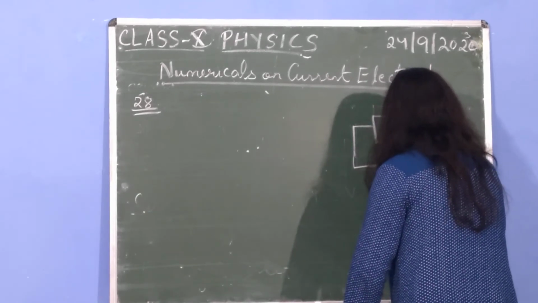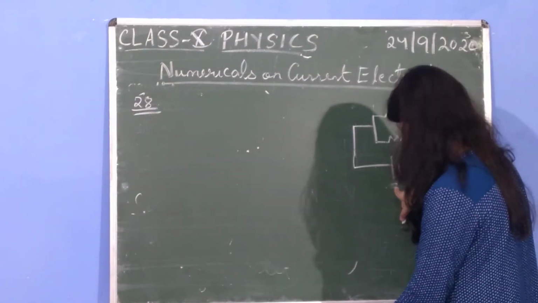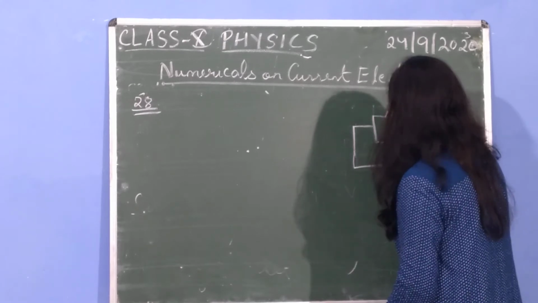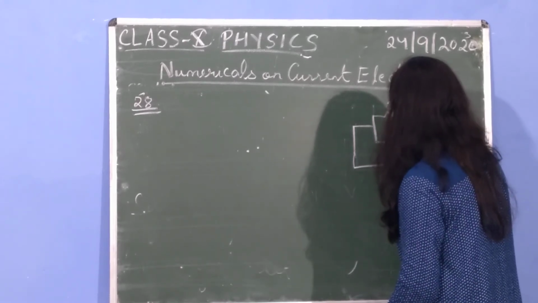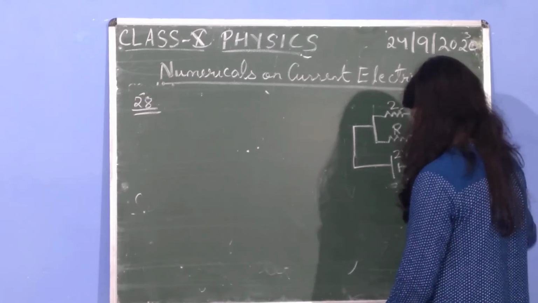If you see 3 ohm here without any resistance symbol, it means it is the internal resistance of the cell. And this is 2 volt, 2 ohm, and another unknown resistance of value R is given, and 4 ohm is in series with them.